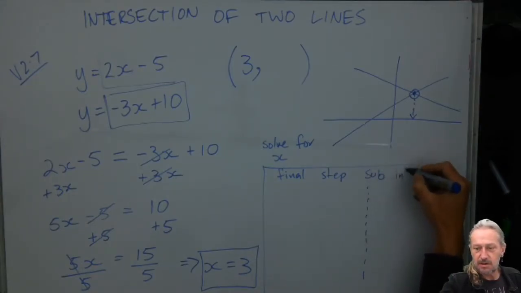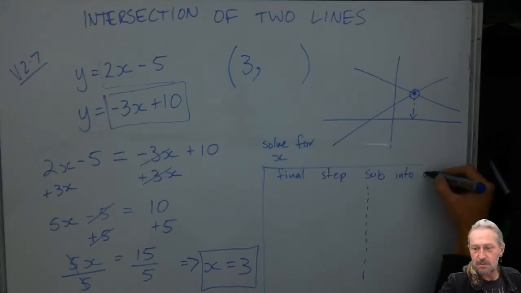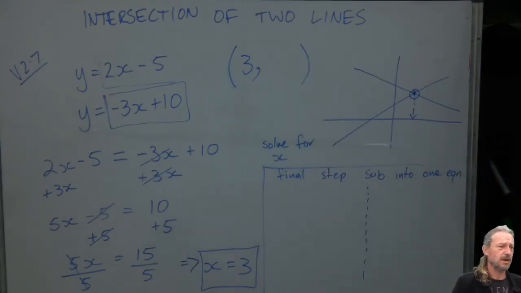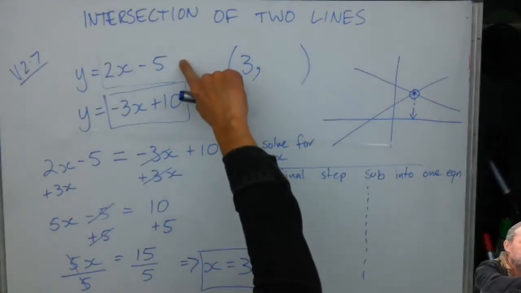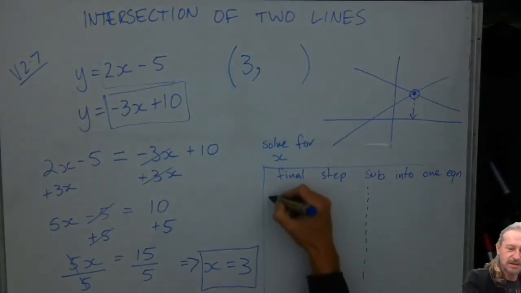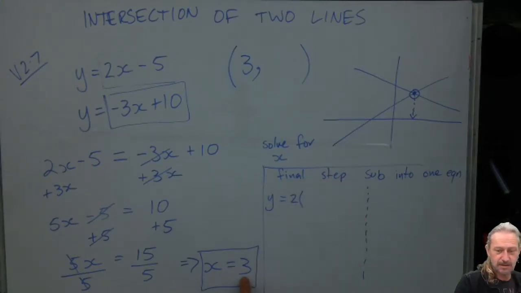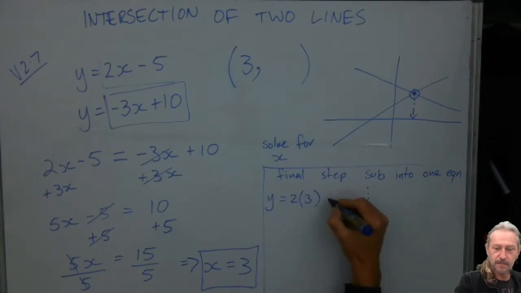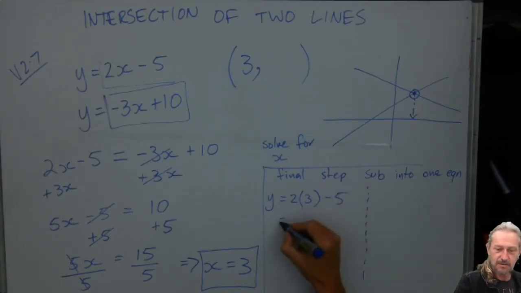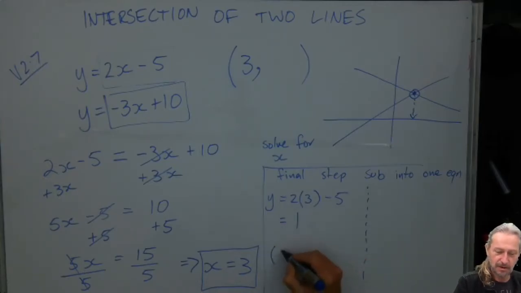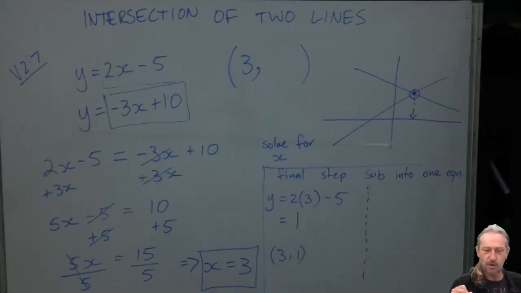Sub into one equation. Okay, so we'll do the easy looking one first. So y equals 2 lots of this, 3, take 5. 2 times 3 is 6, take away 5 is 1. So we should end up with 3, 1.